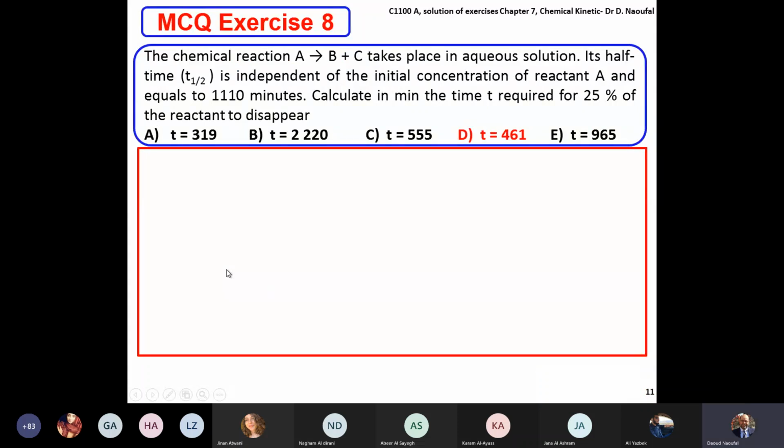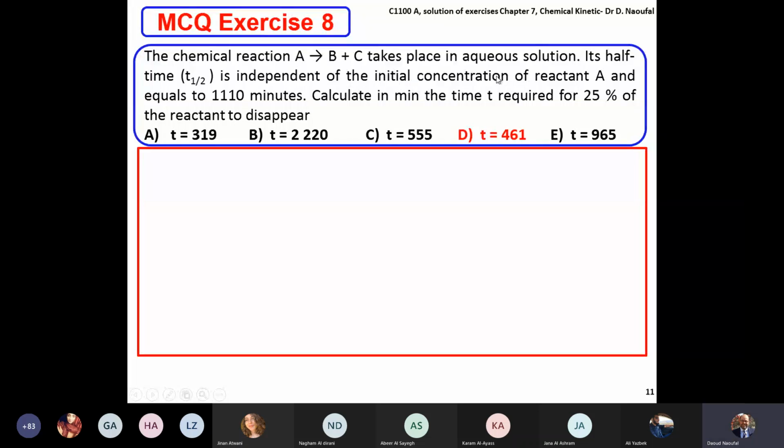MCQ exercise 8. Consider the chemical reaction A gives B plus C, and this reaction takes place in aqueous solution. Its half-life is independent of the initial concentration of A. Directly, we can deduce that this reaction is of first order.